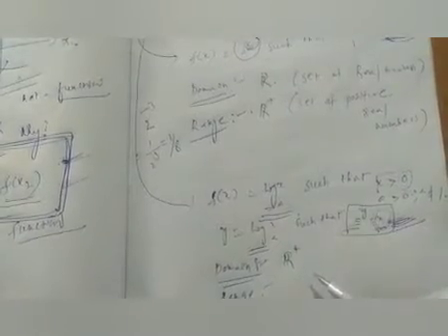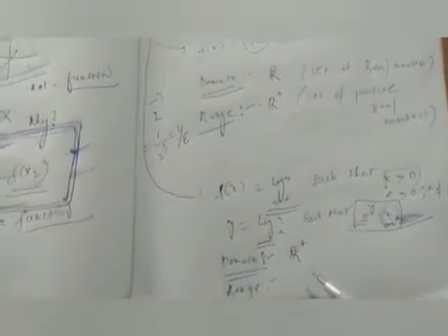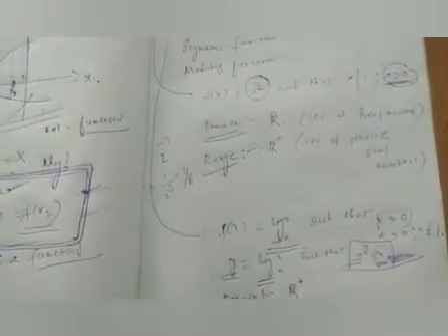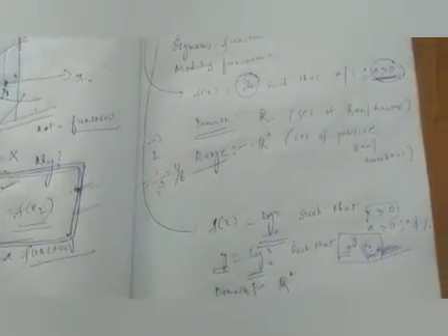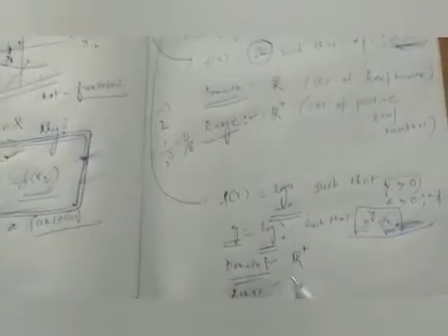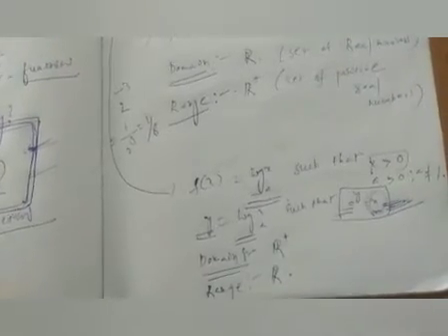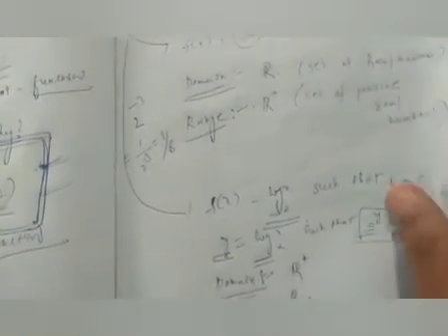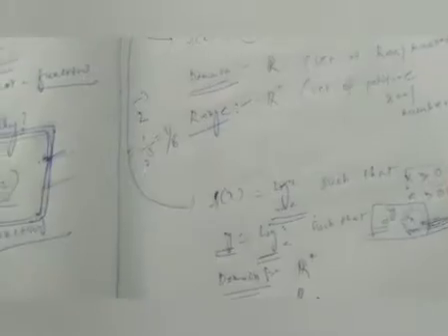So y can be any real number. y is nothing but f of x, the output. So the set of output values is the set of real numbers. So the domain of the logarithmic function is the set of positive real numbers, and the range is the set of all real numbers.